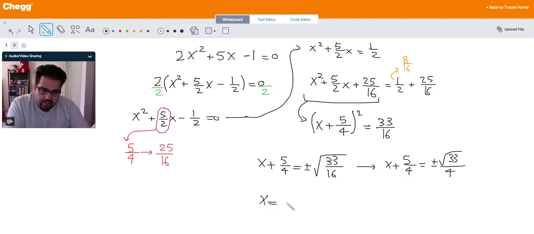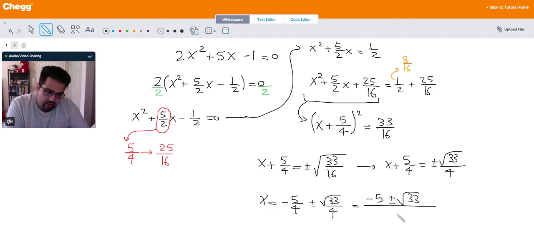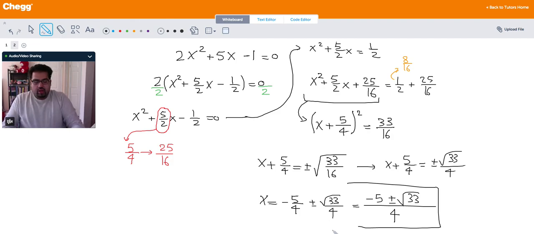So x would be negative 5 over 4 plus minus the square root of 33 over 4, or if you want to write it a little bit nicer, it's going to be like this, and that's going to be the answer.